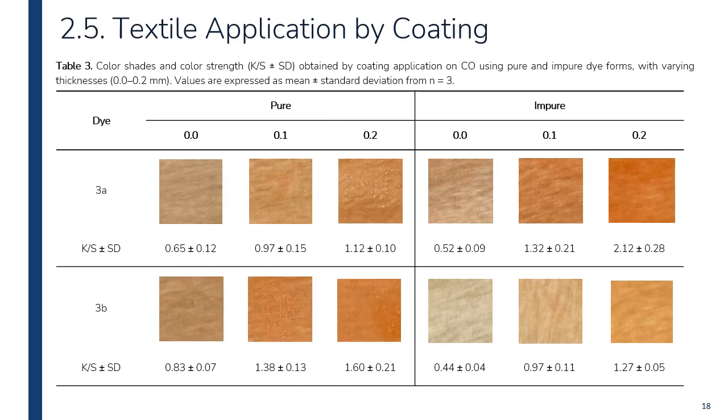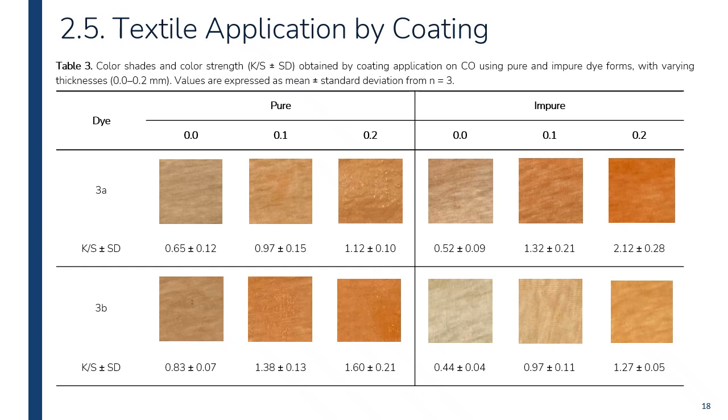Now the results of the textile applications by coating. Color strength analysis showed that thicker layers lead to stronger colors for both pure and impure forms. For dye 3A, the impure form had higher color strength values, reaching 2.12 at 0.2 millimeters, while the pure form only reached 1.12.